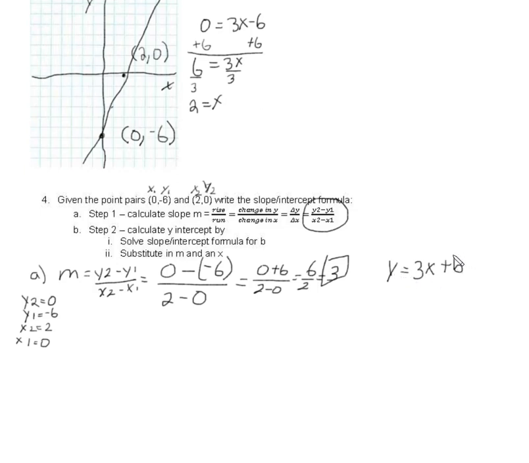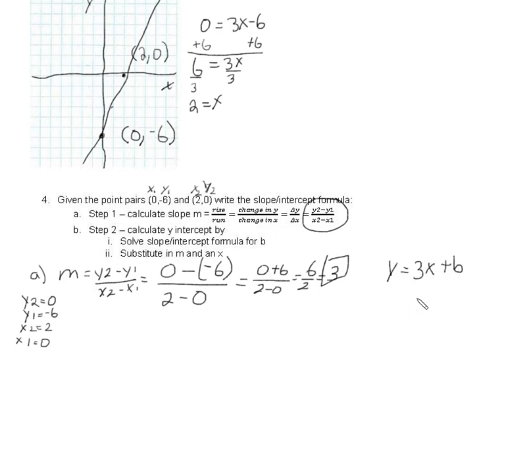This is what we're going to be looking for. B is the y-intercept. We're looking for the y-intercept now, okay? So wait a minute. I got 3 variables here. I got a b, I got an x, I got a y. How am I ever going to solve that? Well, I'm going to grab one of these point pairs and substitute those numbers in for y and x, okay? If I do that, I can solve for b.